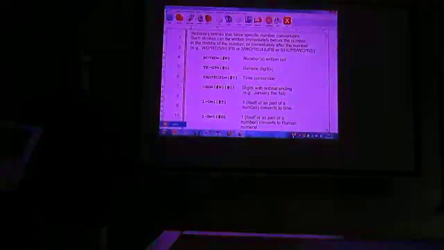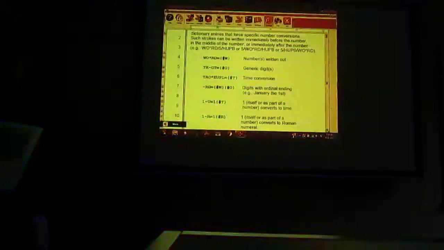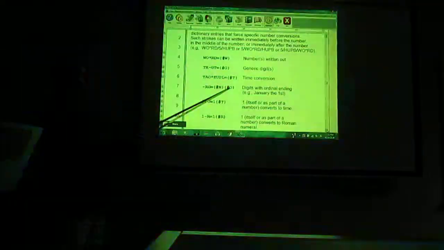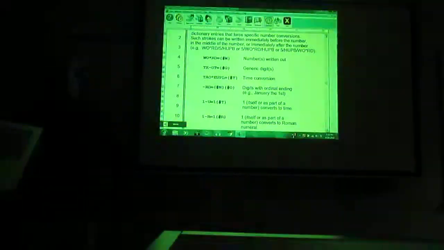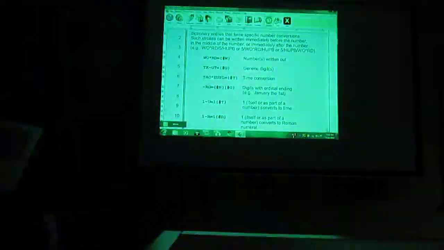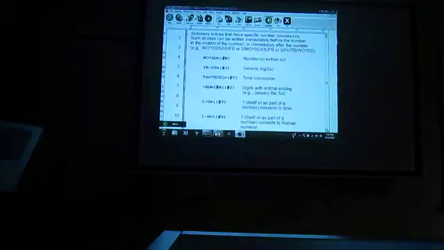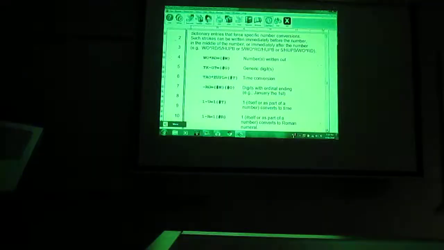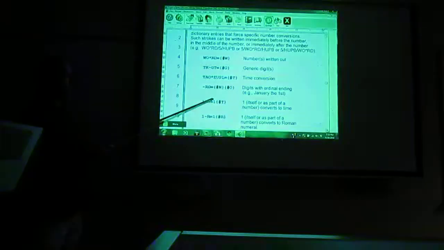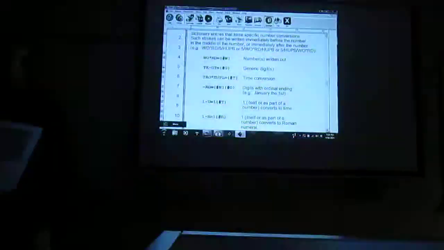Digits with ordinal endings. This is the way you set it up. It's going to be the number, and you want it as an ordinal. That's how you do it. I guess they're signifying right here that you can use the U as time.